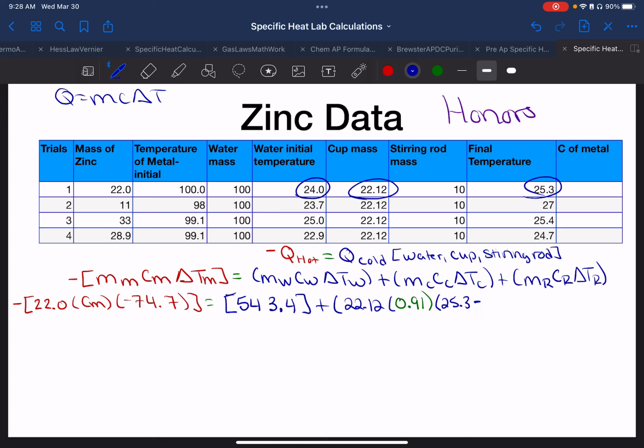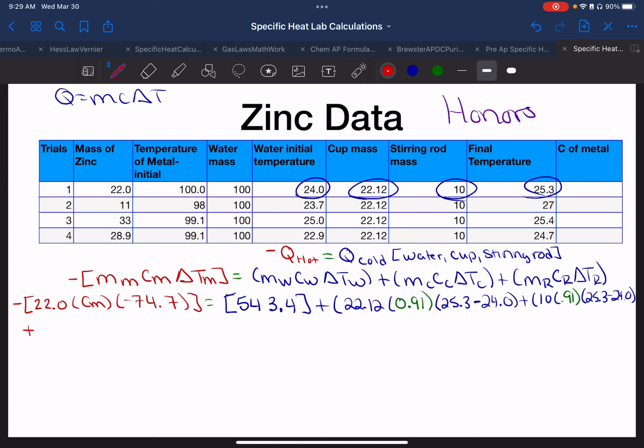So that's going to stay the same. Whatever the water's is, that is as well. Then the mass of the stirring rod was 10. The C is also going to be 0.91. And then the delta T is still 25.3 minus 24.0. Okay?